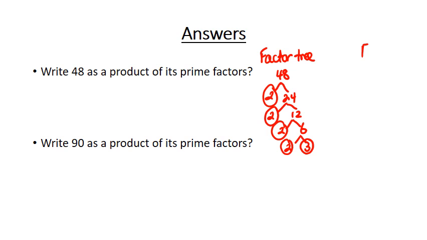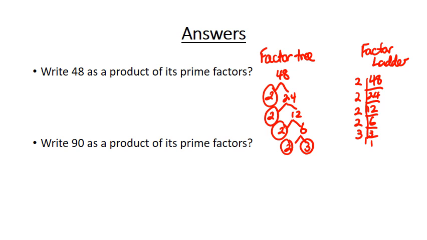If I wanted to use my factor ladder, again, I'd have 48, I'd divide by 2, that would give me 24, I'd divide by 2, that would give me 12, divide by 2 would give me 6, divide by 2 would give me 3, divide by 3 would give me 1.